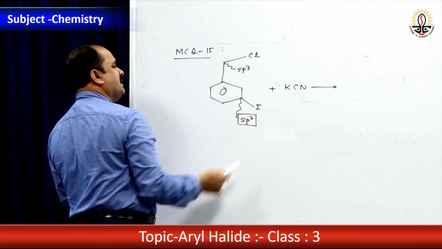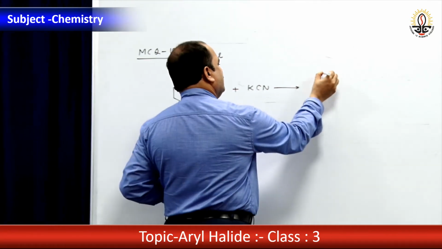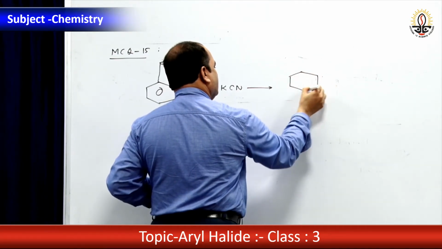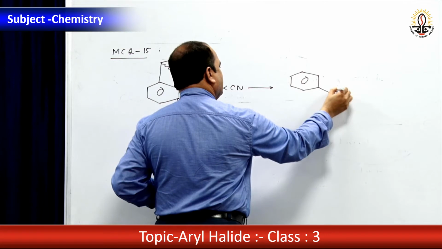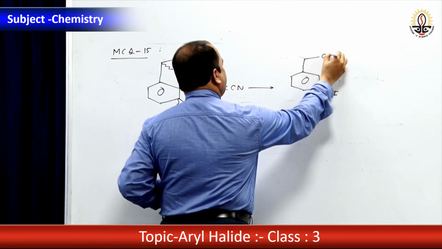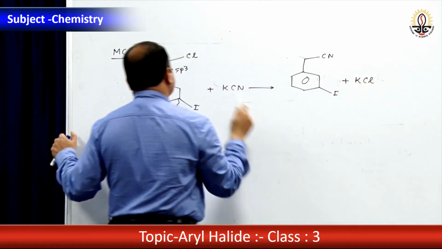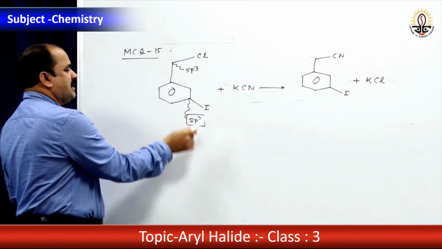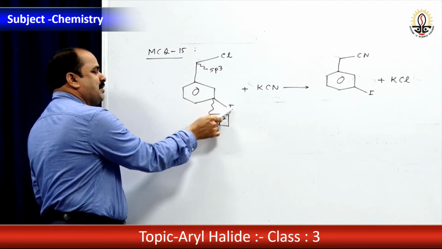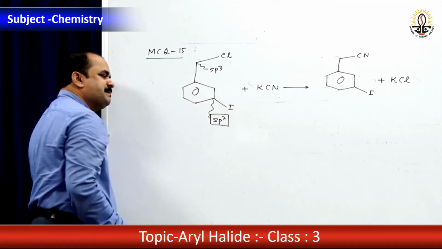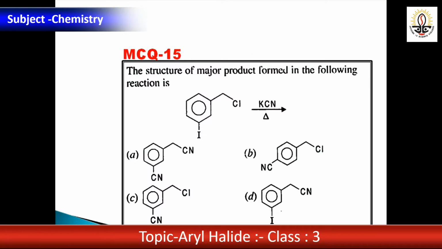So this chlorine is eliminated to give the nitrile plus KCl. Iodine is not eliminated because the carbon-iodine bond is very strong, since the carbon is sp2 hybridized. So the correct answer of multiple choice question number 15 is option D, the fourth option.